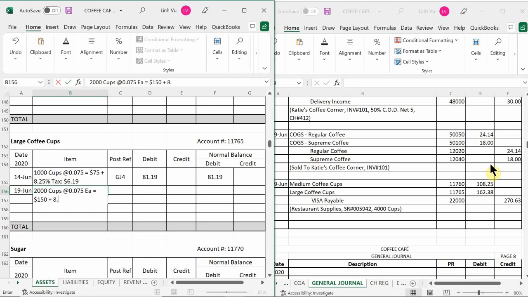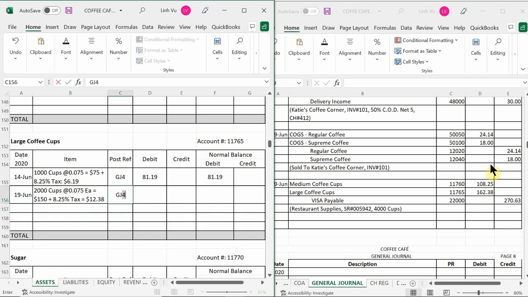Plus 8.25% tax, which gave me a total of $12.38. $162.38. Okay. So now I need to update my account balance.